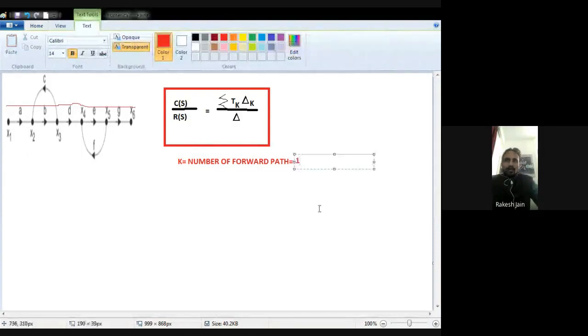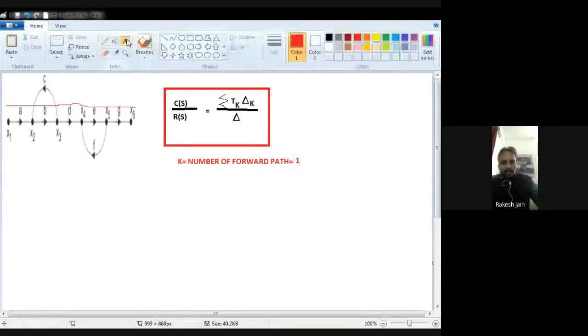Now because I have only one forward path, what is my next step? As I told you, I replace the formula depending on the value of K. So what will be my formula? My formula for this question is Cs upon Rs is equal to, only one forward path is there, so T1 del 1 upon del.